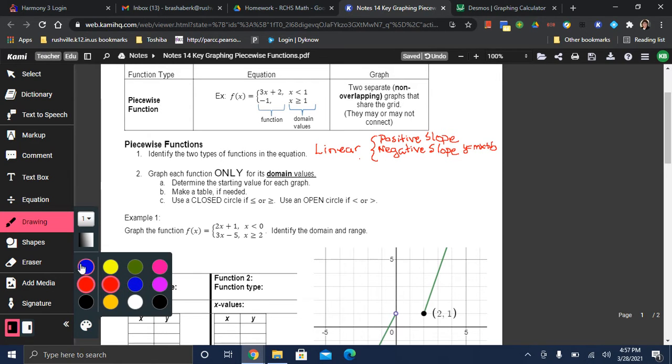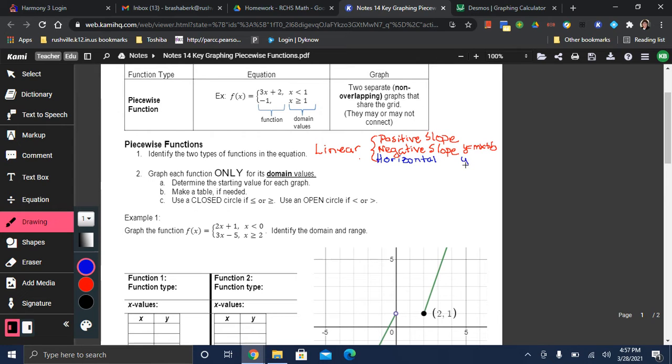And then for the other type of line, the third type would be a horizontal line. And in that case, your equation would just be y equals a number. And then we're also going to include quadratics, and that's going to be where you have an x squared.